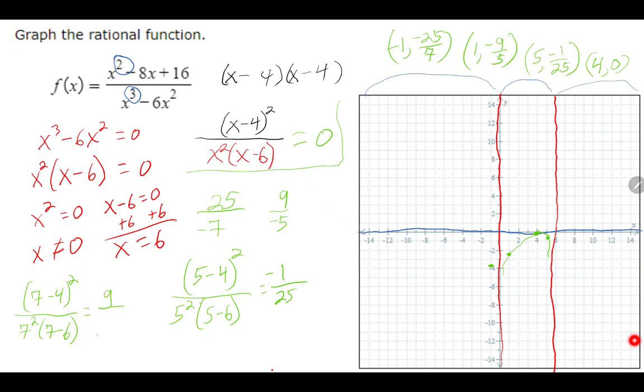And then I have 49 times 7 minus 6 is 1, so 49. Awesome. So 9 over 49. That means at 7, that is still less than 1, so I'm about here. That point would be the point 7, 9 over 49.